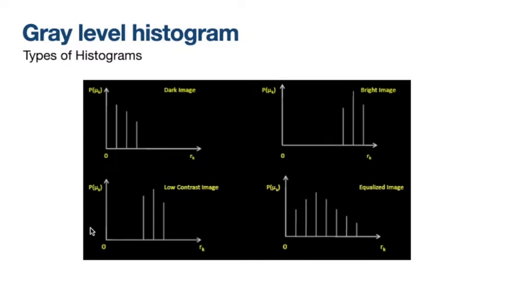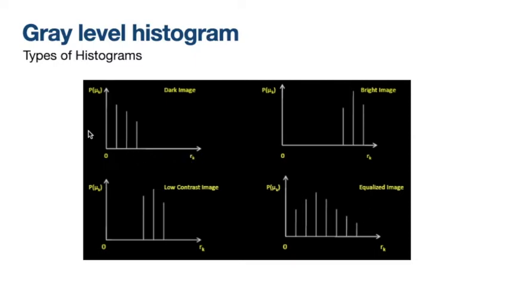Now we are going to see different types of histogram. These are the images which show different types of histogram. The first one is a dark image histogram. Then you have the bright image histogram, the low contrast image histogram, and the equalized or high contrast image histogram.